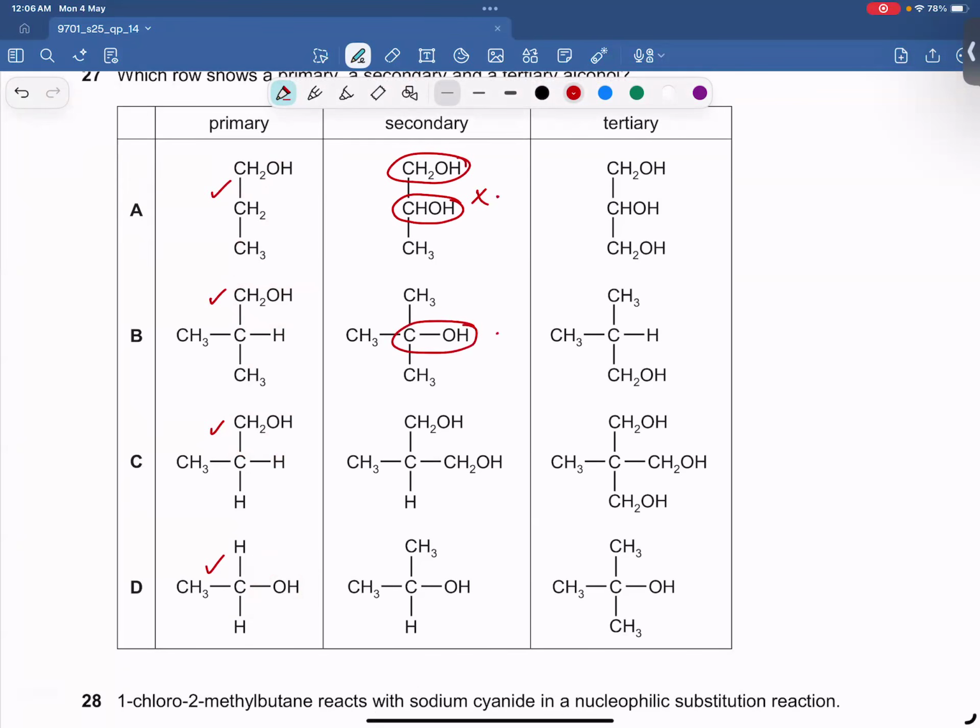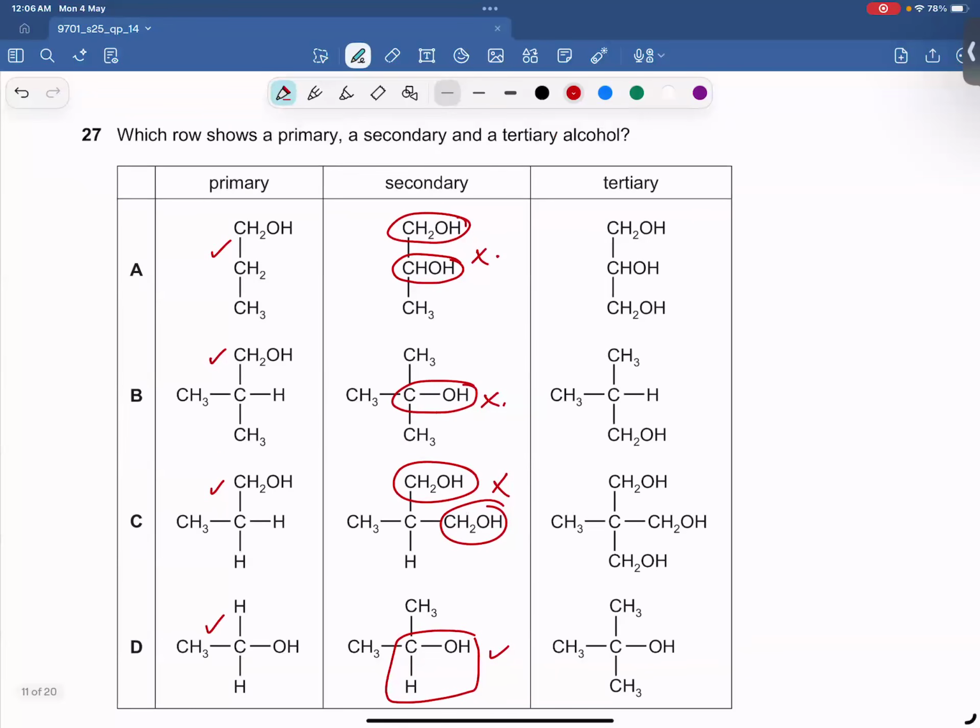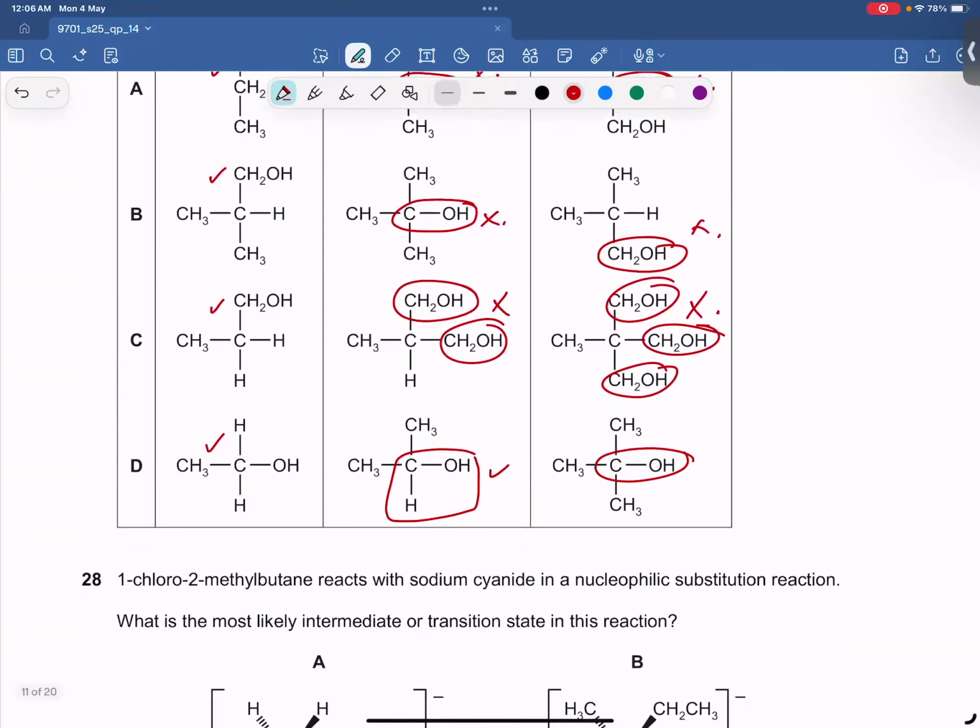This is tertiary, wrong. This is only primary, wrong. This is secondary, correct. Tertiary: this is primary, secondary, wrong. This is primary, wrong. This is only primary, wrong. And this is only tertiary. So the right answer is going to be D.